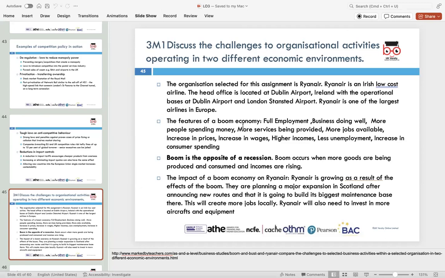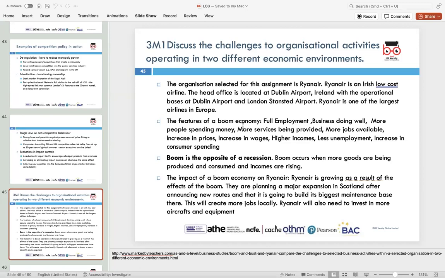There are several airlines in Europe, but Ryanair is one of the largest businesses that are doing well. An increase in the number of people spending money, an increase in the number of services being supplied, an increase in the number of jobs available, and an increase in pricing and earning.